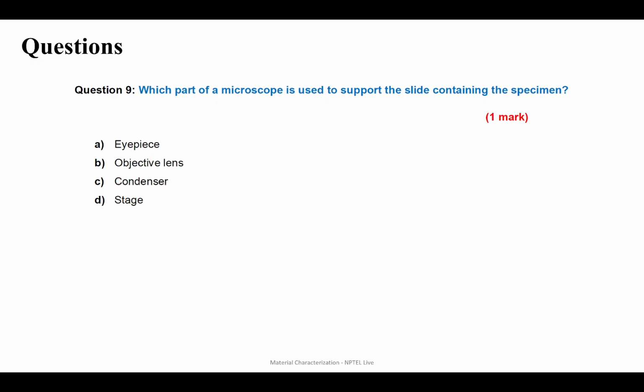Which part of a microscope is used to support the slide containing the specimen? Eyepiece, objective lens, condenser, stage.